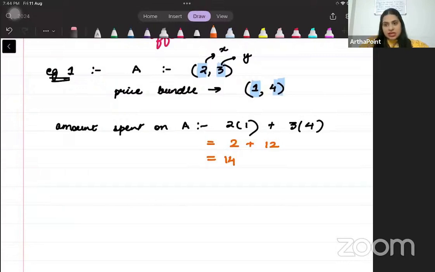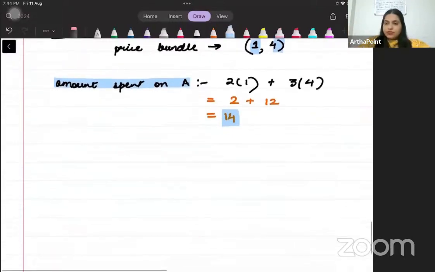So I am saying that the amount that I am spending on A is 14. अभी इतना समझ लिया हमने, that amount spent on A is 14.